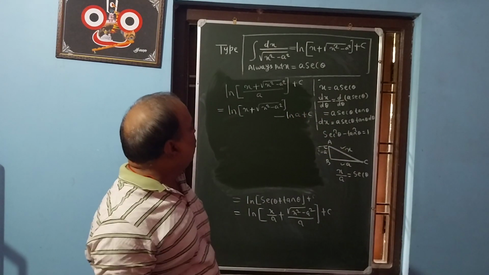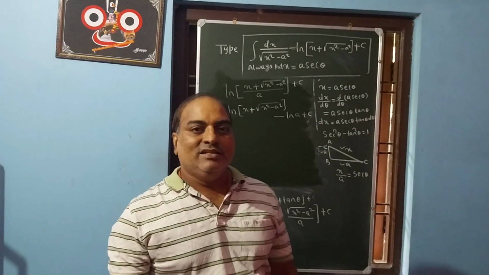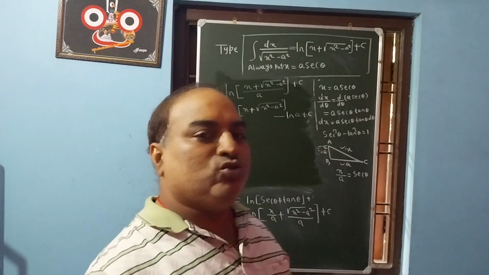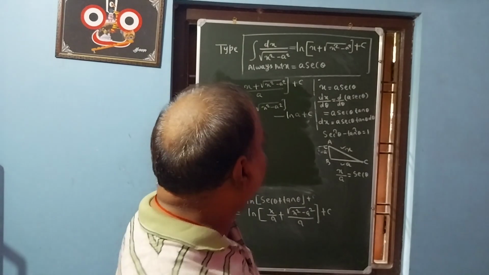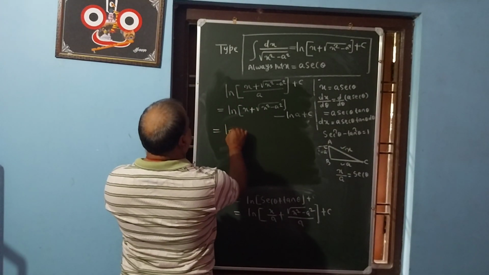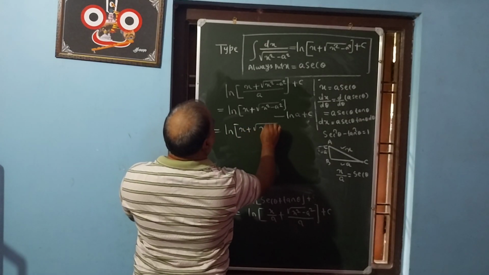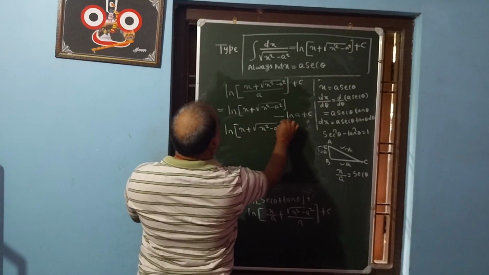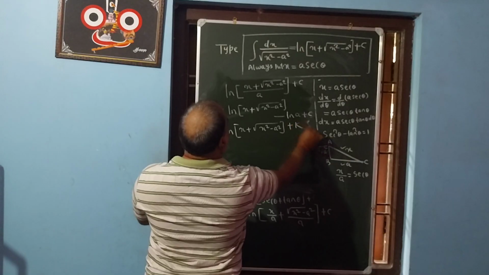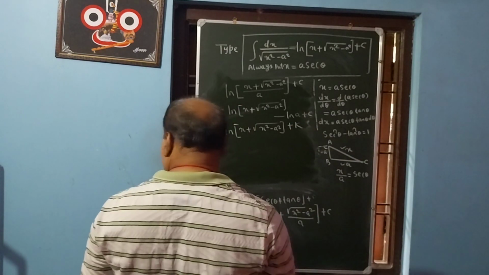Here c is a constant and ln a is a constant, so the sum of two constants is also a constant. That is replaced by another constant. We get ln of x plus root over x square minus a square, plus k, where k is any constant.